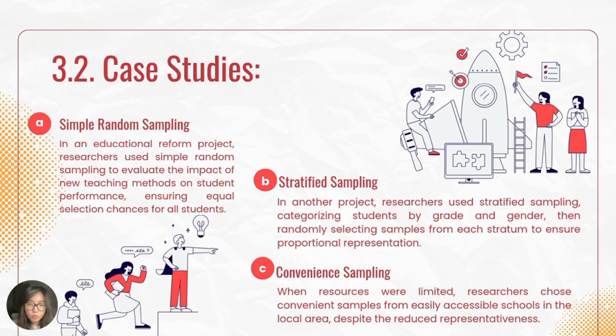The researchers were able to conduct the study within the available resources, but they acknowledged the limitations of their sampling method and took care not to make sweeping generalizations based on the findings.